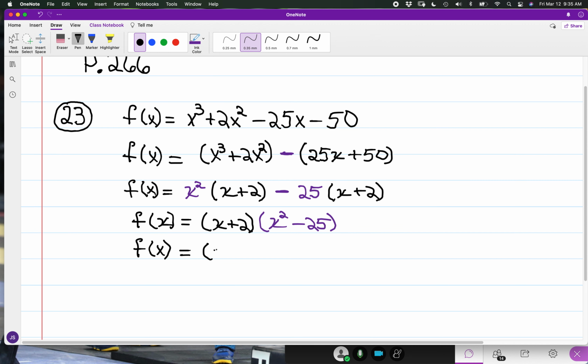So I have x plus 2, and x squared minus 25 will factor to x plus 5 and x minus 5. I'm just going to rewrite this. So this is going to be the factored form.